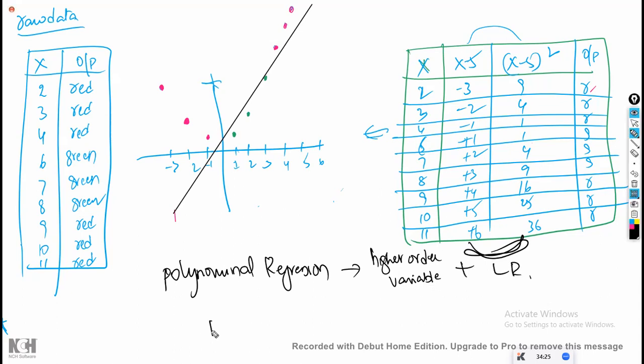Similarly, here in the poly SVM, we create the same thing, higher order, and apply the linear classifier. That's it.